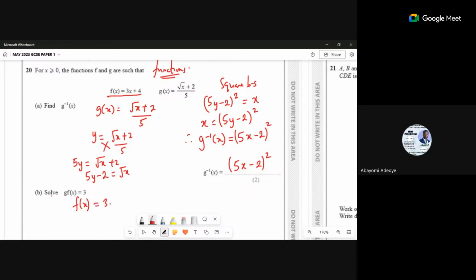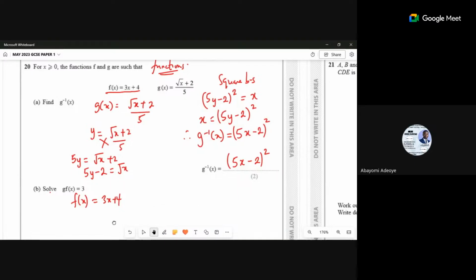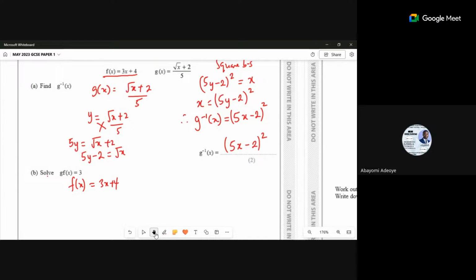Okay, 3x plus 4. So g f of x equals to 3. So this is a composite function, for its composites.